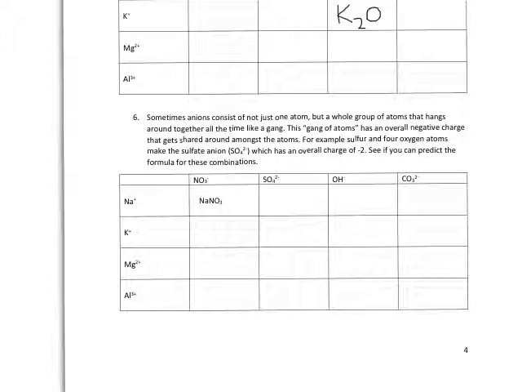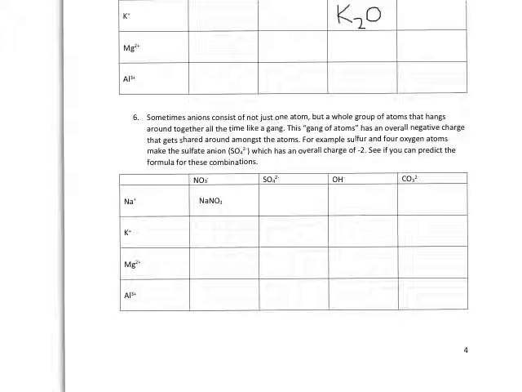So let's just do one. Magnesium is 2 plus. So that means it's giving 2 away. But this one over here, OH, which has the name hydroxide, is only gaining 1. So one of magnesium's electrons will be gained by one of the hydroxides, and we'll need a second hydroxide to get the other electron off the magnesium.